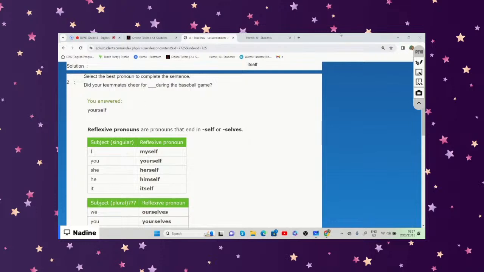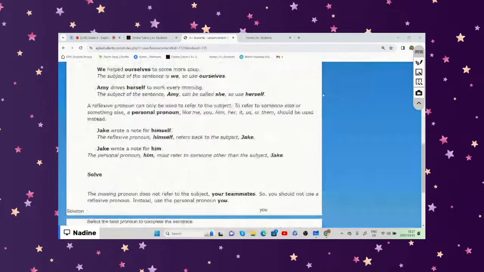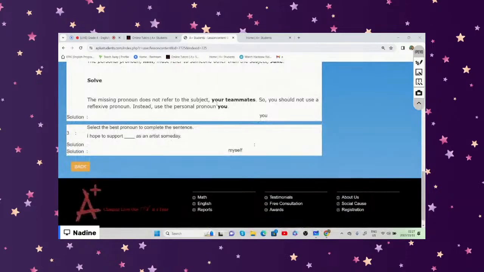If we choose the correct reflexive pronoun, then we can say, did your teammates cheer for themselves during the baseball game, right?